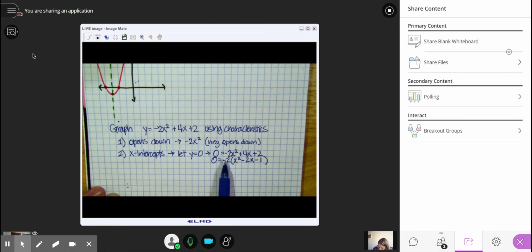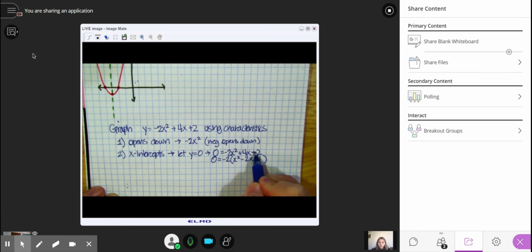Okay, so given a negative 2x squared plus 4x plus 2, I'm going to factor out a 2, but I'm also going to pull out that negative. Good call. Oh, this should have been a negative 2.